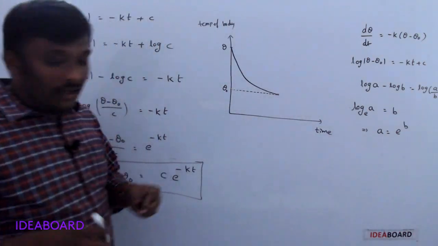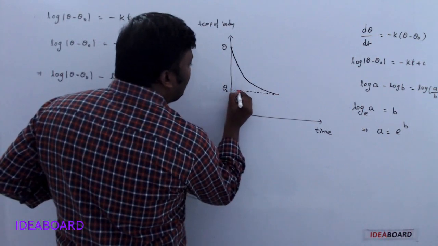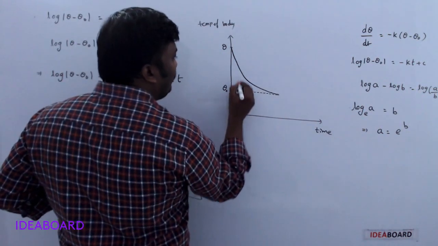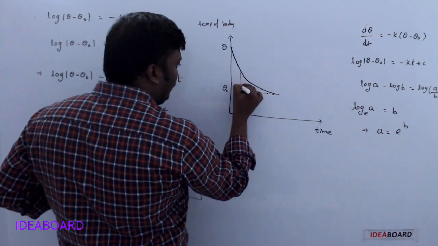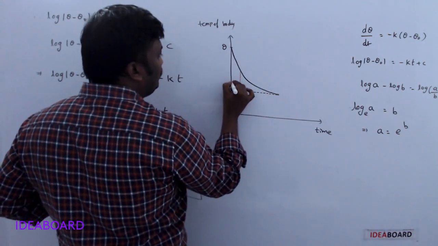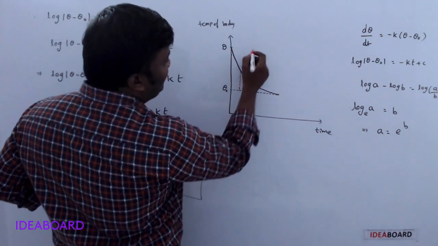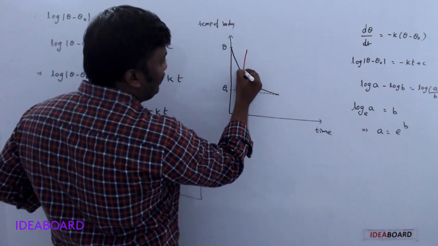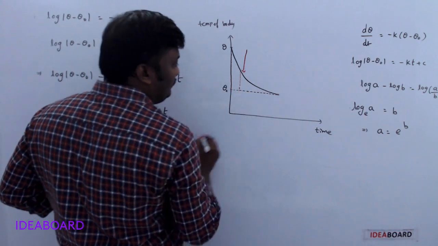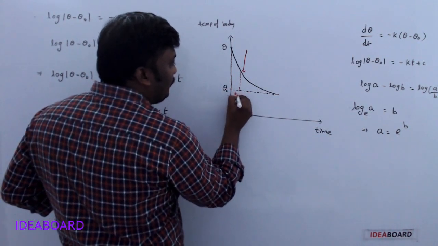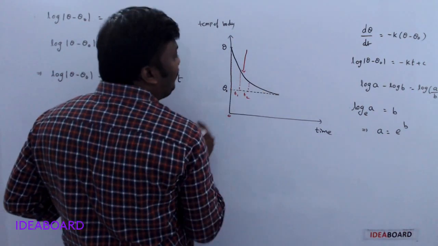Now from the graph, just observe. I would like to take 2 points here. Between these 2 points, see the fall in temperature is this one. At the same time interval, suppose this is T1 and this is T2. For the same time interval, see the fall in temperature.